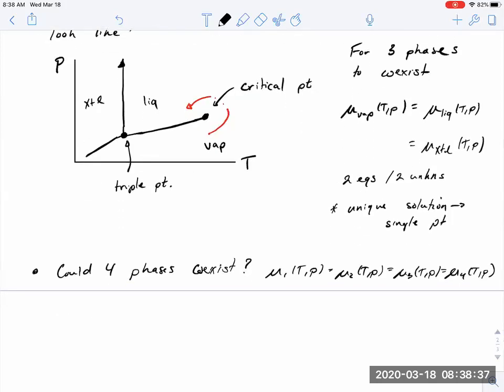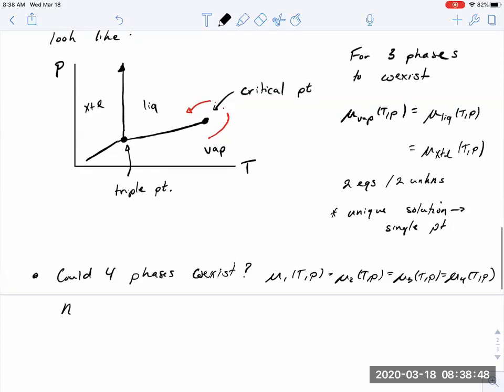If I only have two parameters and therefore three equations, there's no way to tune the temperatures and pressures in such a way to satisfy all of those constraints. At least for a single component system.